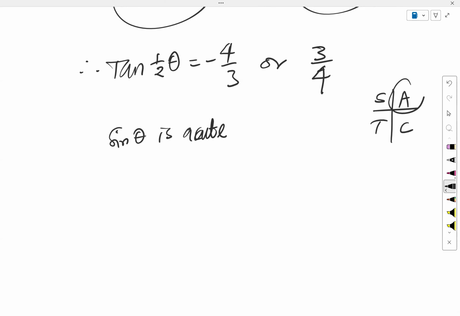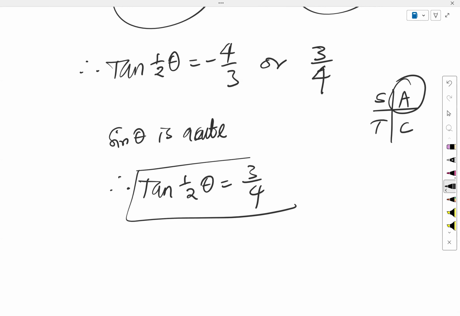So this is where our focus should be. Since we want theta to be acute, it should be confined to the first quadrant, because negativity is out of it. So we can conclude that tan half theta is equal to 3 over 4, because tan is only positive in the first quadrant.